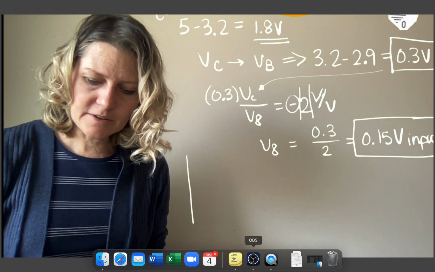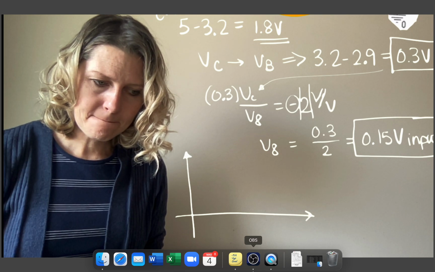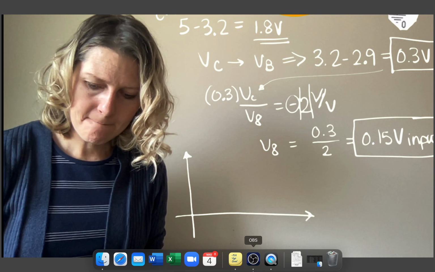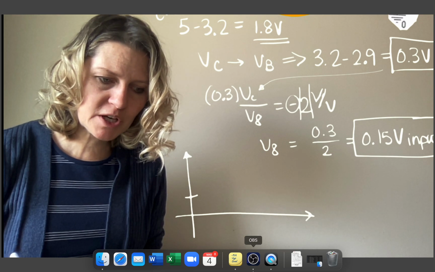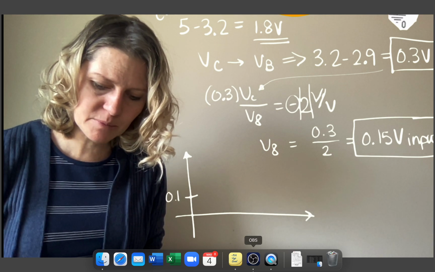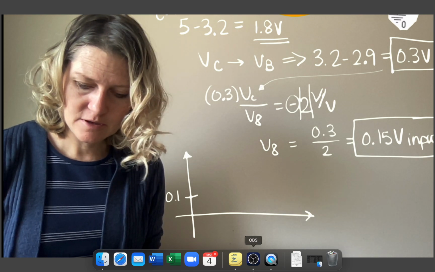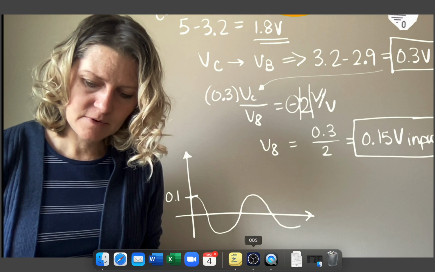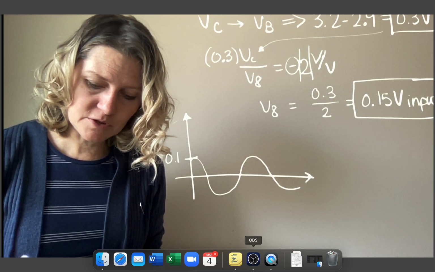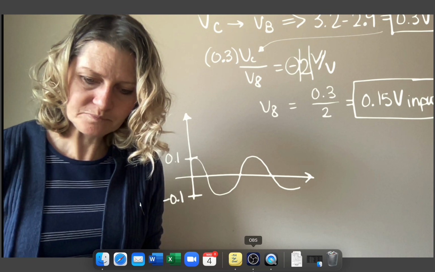So looking at this, say I put in a 0.1 amplitude, which is less than the 0.15, and it goes up and down, and it's going to go down to a minus 0.1.